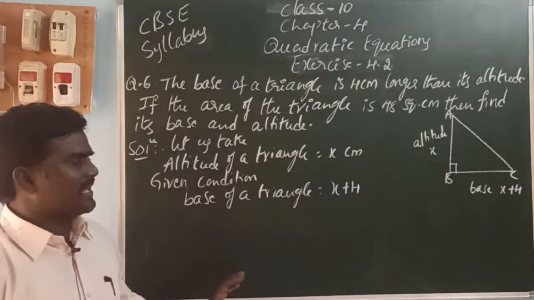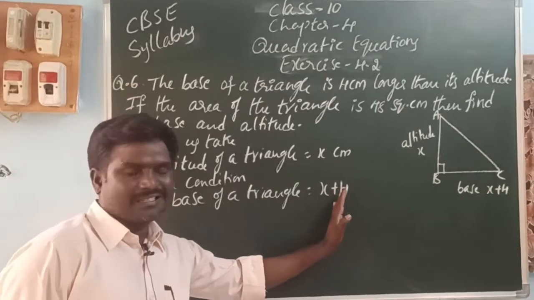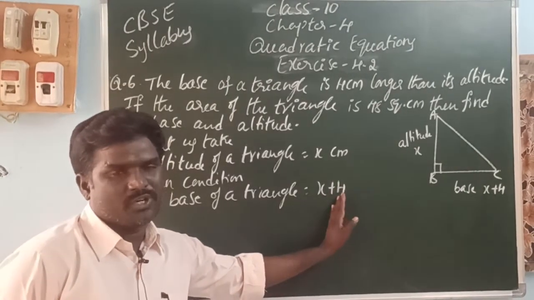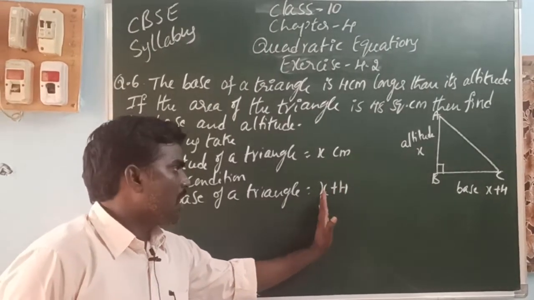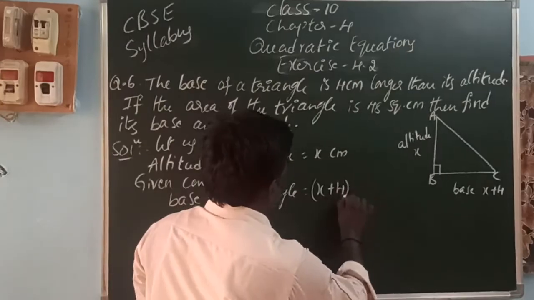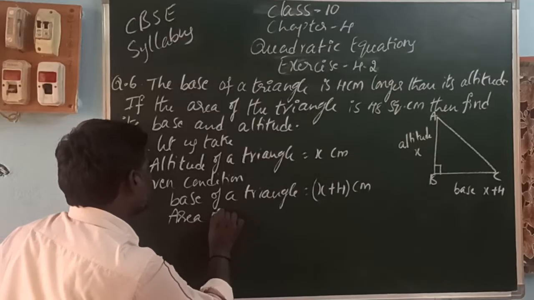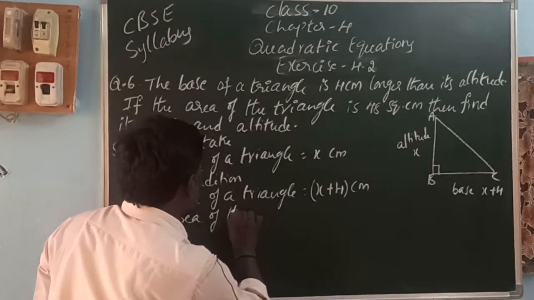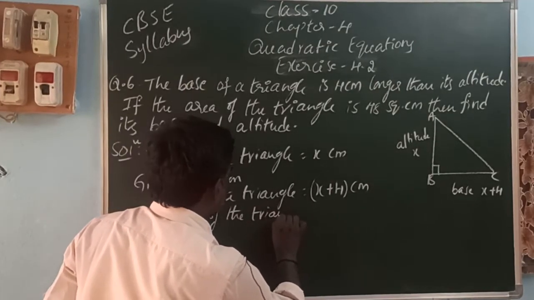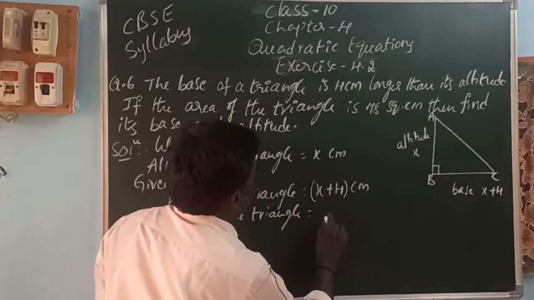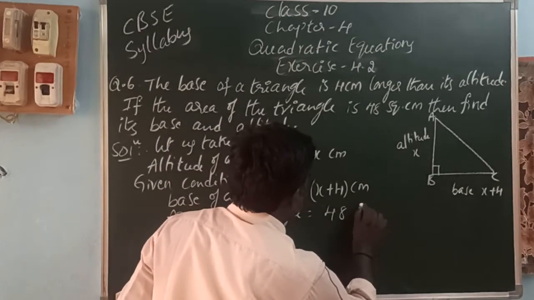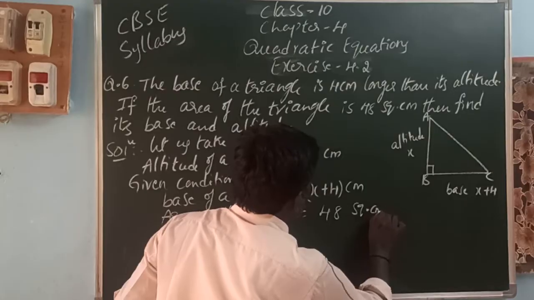The base of the triangle is 4 centimeter longer, that means greater than or more than, means plus. So x plus 4 centimeter. Next they given that the area of the triangle is how much? 48 square centimeter.